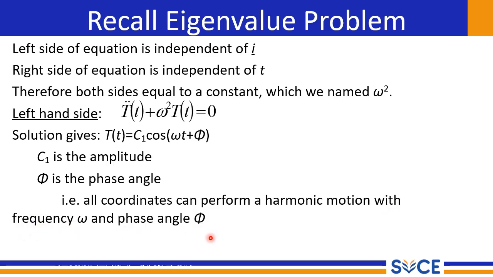They will oscillate together in sync, although possibly with different amplitudes determined by the components of the vector X. This frequency omega is known as the natural frequency of the system, and it is an inherent property determined by the mass and stiffness characteristics of the system.